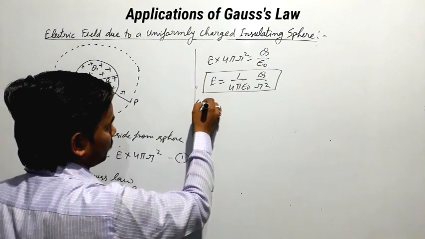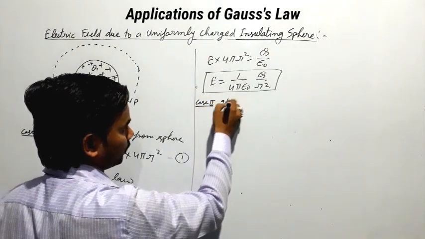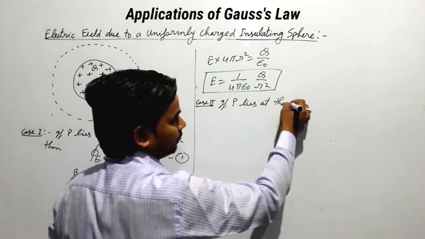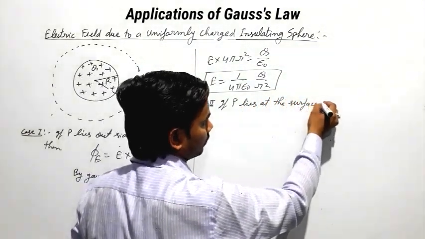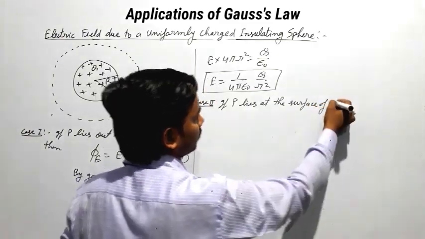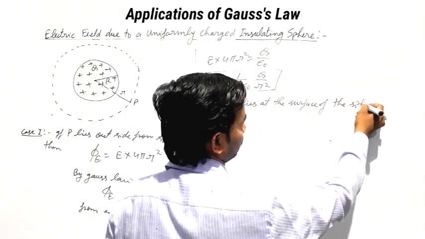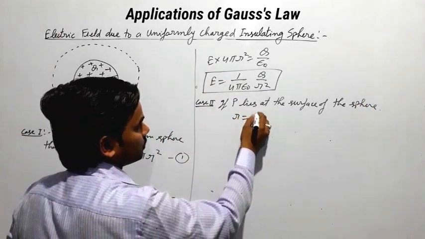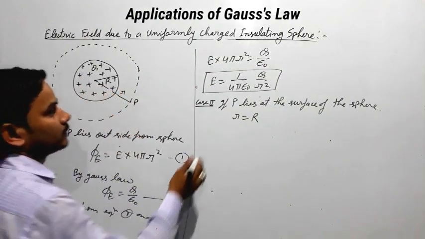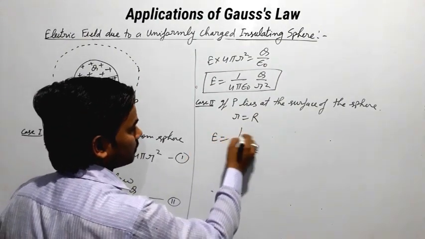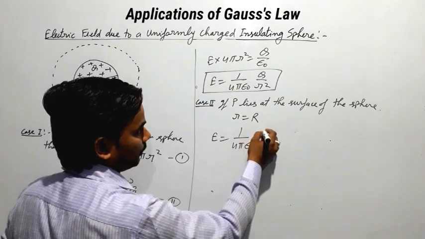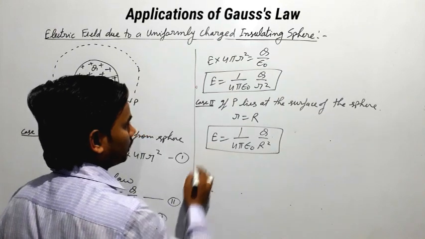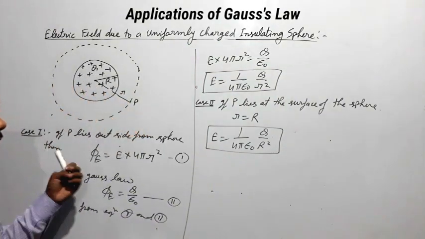Now second case, if point P lies at the surface of the sphere, so this will be small r equals to capital R. So the electric field at the surface is given by 1 upon 4 pi epsilon naught Q upon capital R square. This is the formula for the electric field at the surface.